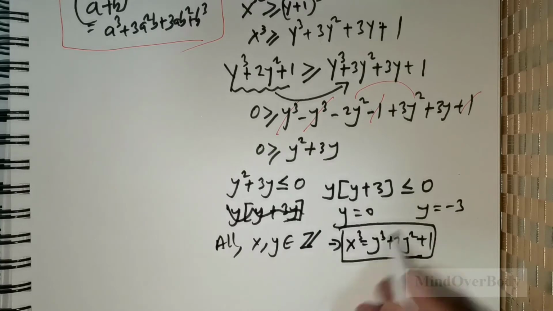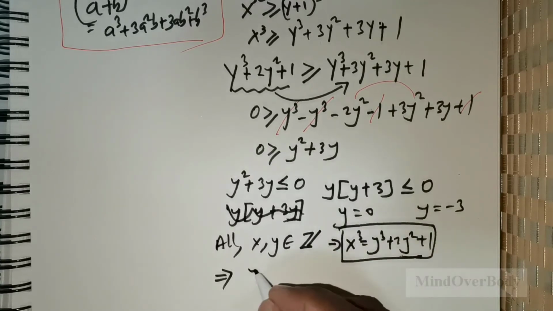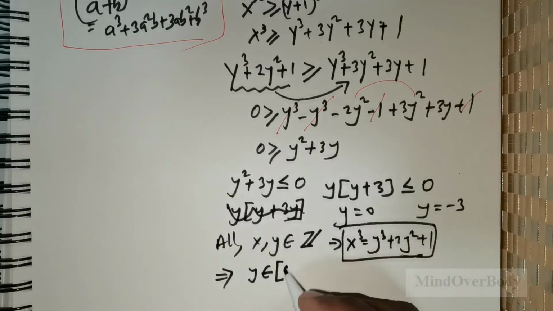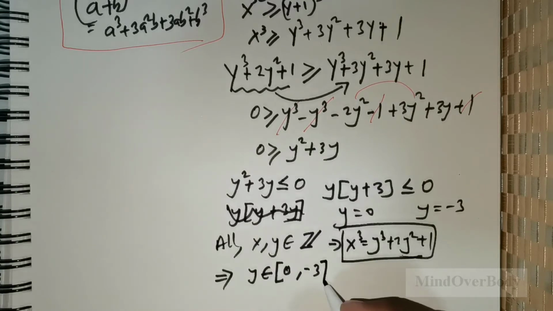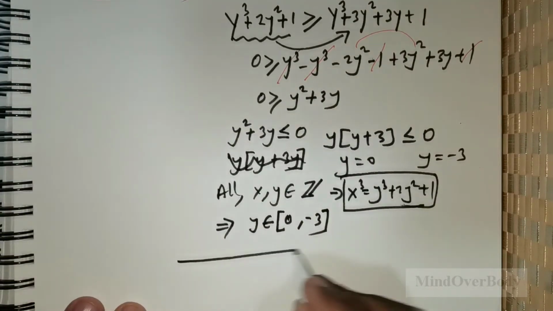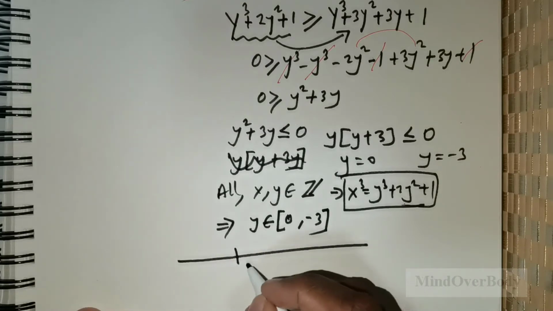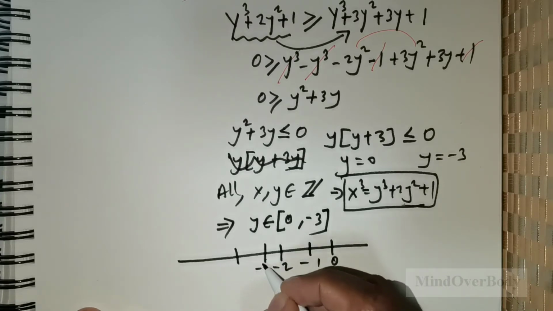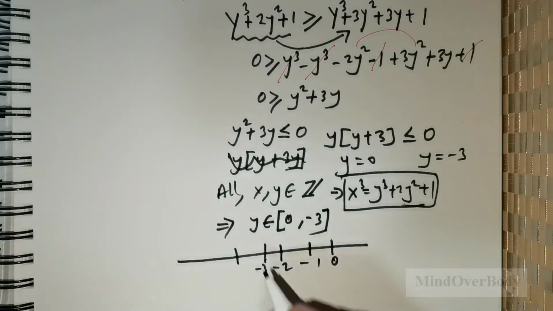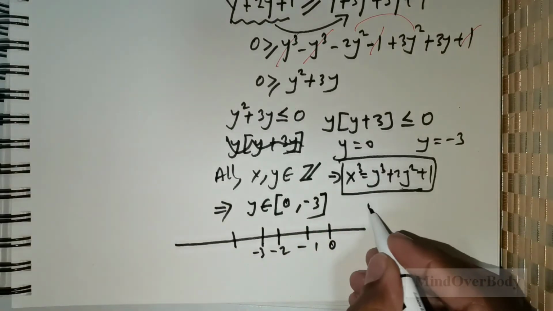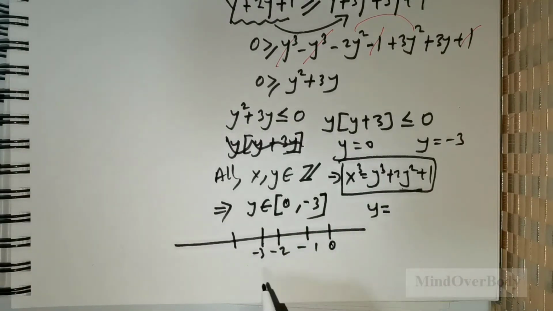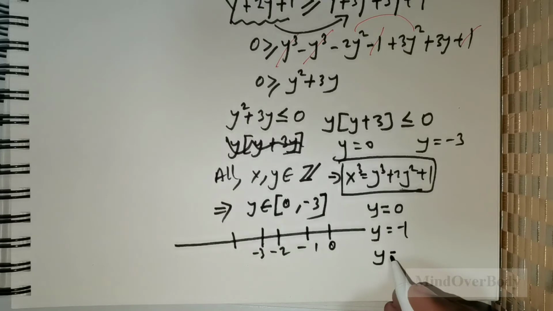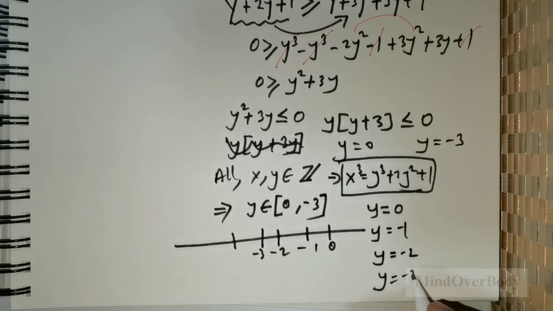So this would only mean that y will include all values between 0 and -3. If you draw the number line, I would have 0, -1, -2, -3. So y can take the value 0, -1, -2, and -3.